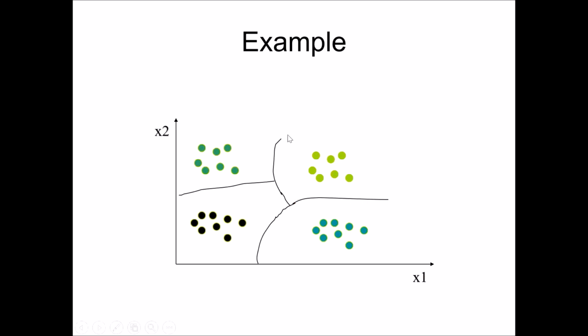So this is an example in which the decision boundary was generated in order to separate these four clusters. Since this is a curved line, perhaps the activation function is not a simple linear function.